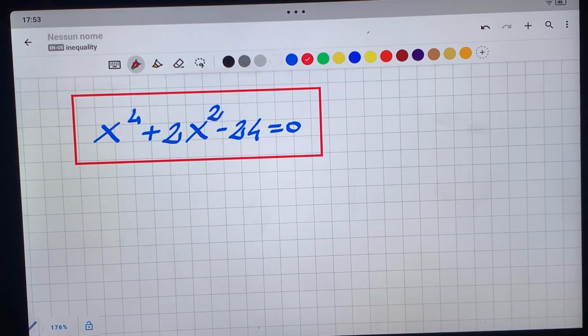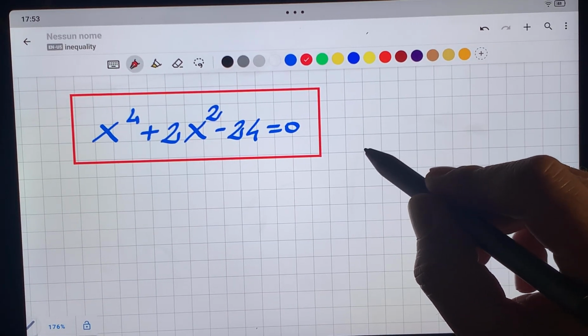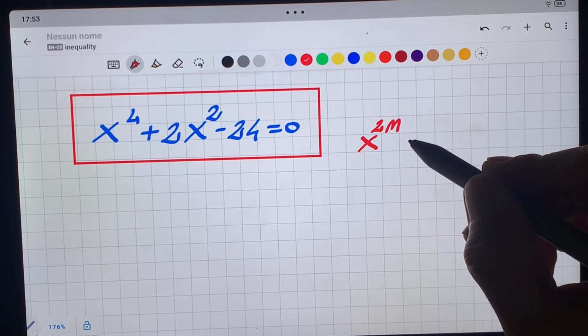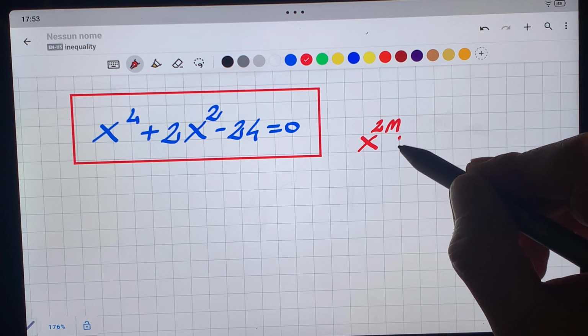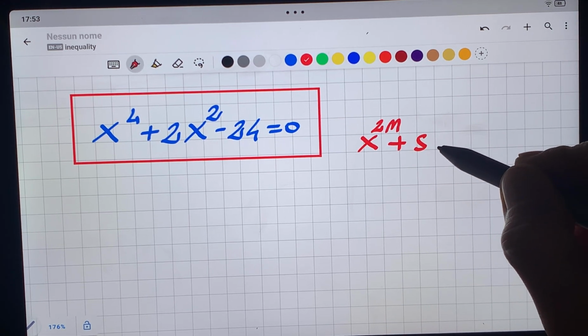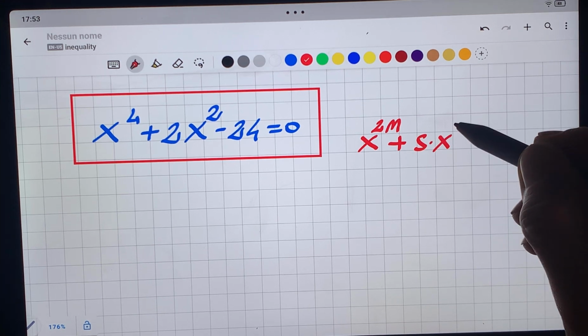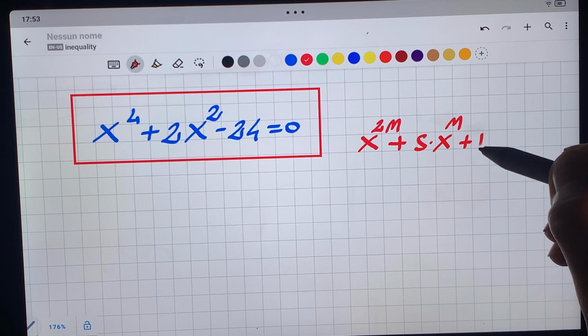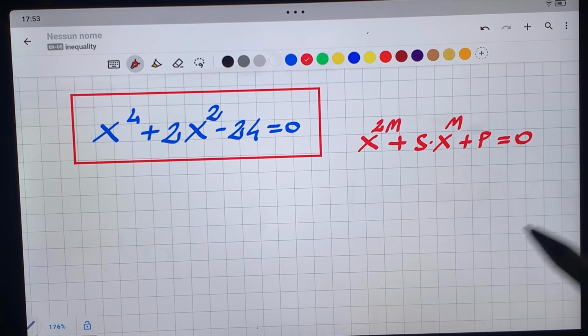So you should know that x to the power of 2n plus s, a coefficient, times x to the power of n plus p equal to 0.